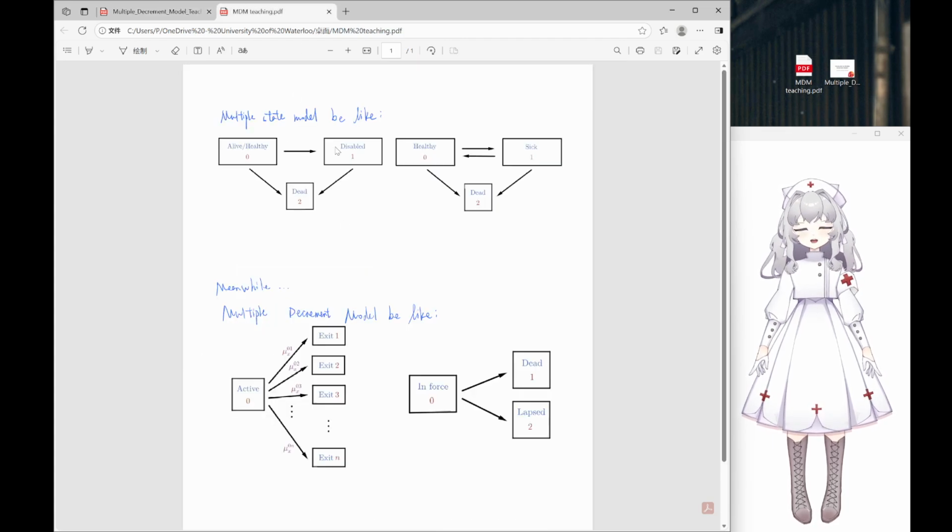In the multiple state model we have many different transitions, but in the multiple decrement model we only have the active state going to different exits, so all the mu's are mu^{01}, mu^{02} and mu^{03}.